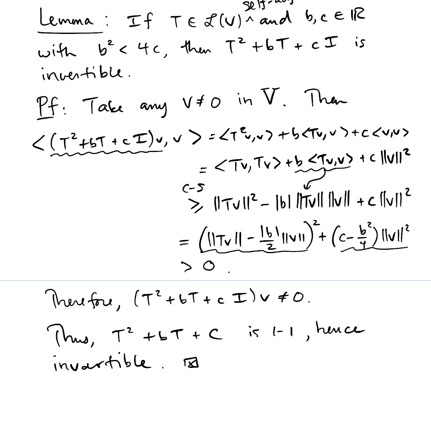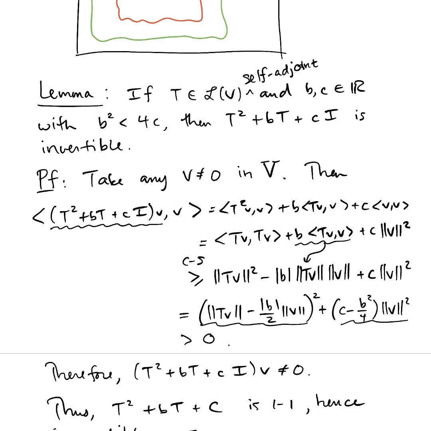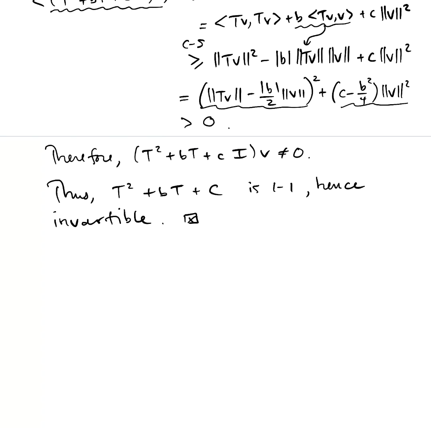So this is a technical little thing that just says, hey, certain combinations of the operator T are guaranteed to be invertible. Now, you wouldn't think necessarily that this lemma is worthwhile or important unless you had been attempting to prove the main prize of the day, which is the following theorem.